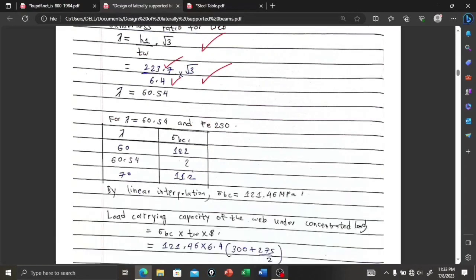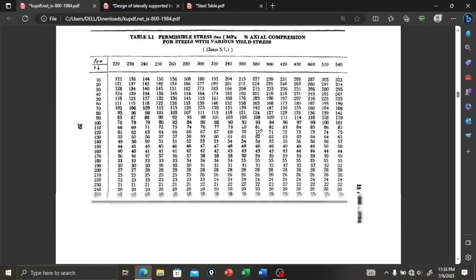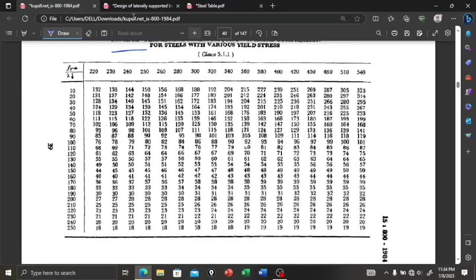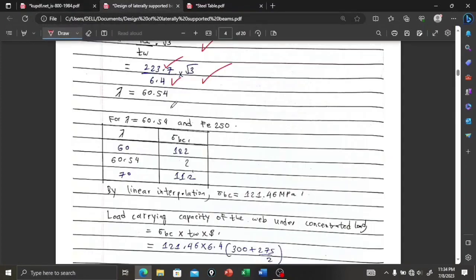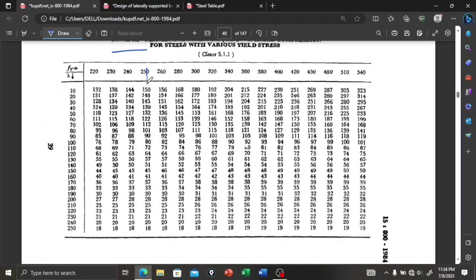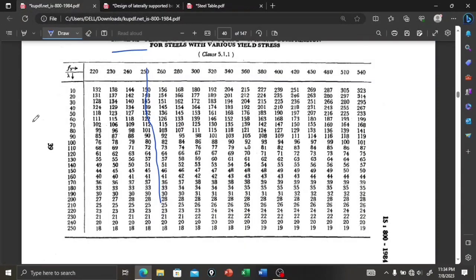From table 5.1, for fy 250 and lambda 60.54, 60.54 is between 60 and 70.